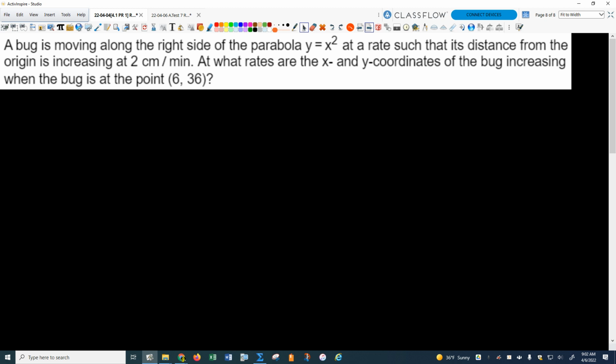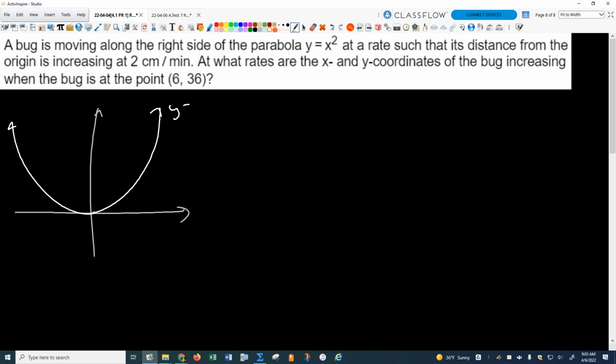So a bug is moving along the right side of a parabola, y equals x squared. So there's the parabola. The bug's moving along the right side of that at a rate such that its distance from the origin is increasing at 2 centimeters per minute.